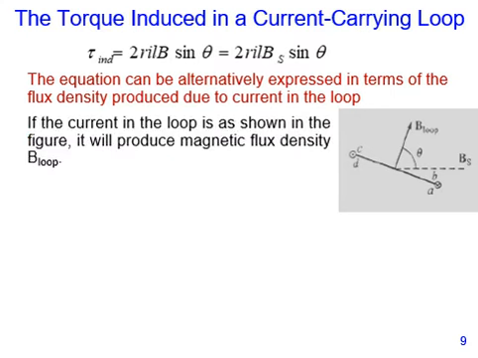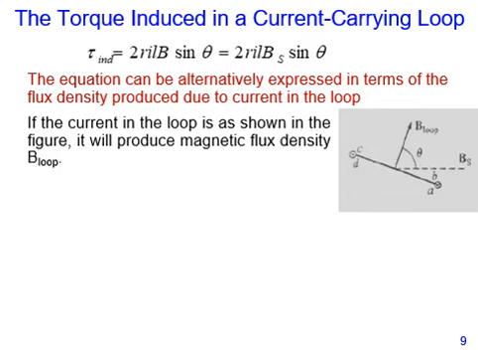The equation can also be expressed in terms of the flux density produced due to the current in the loop, which we have already discussed.